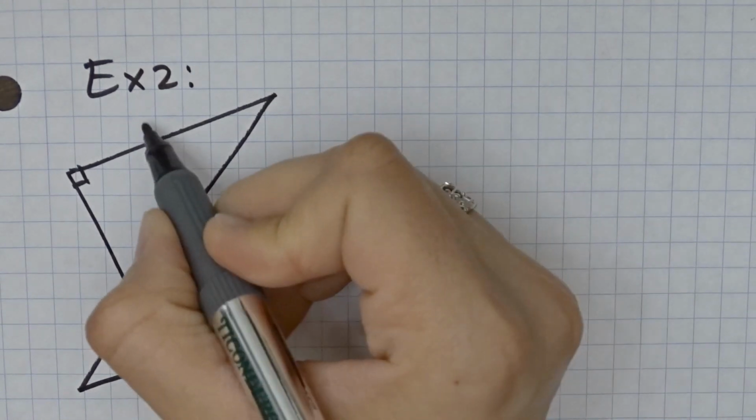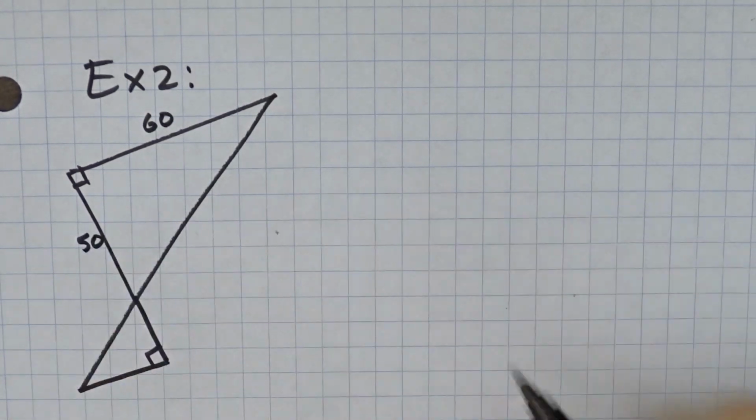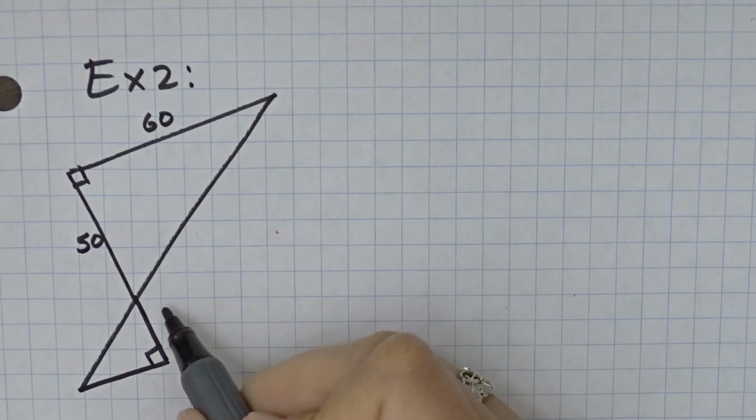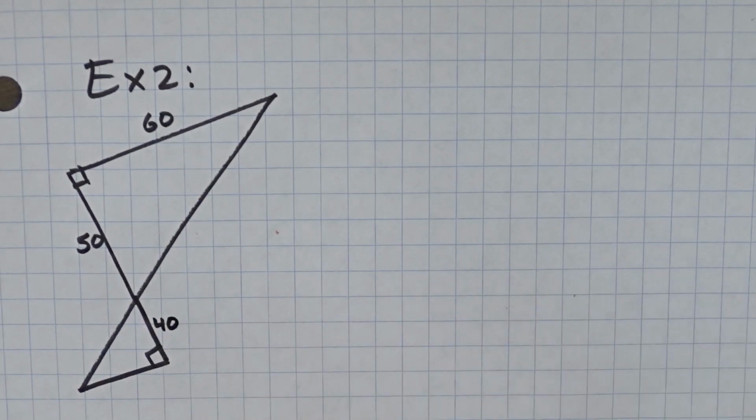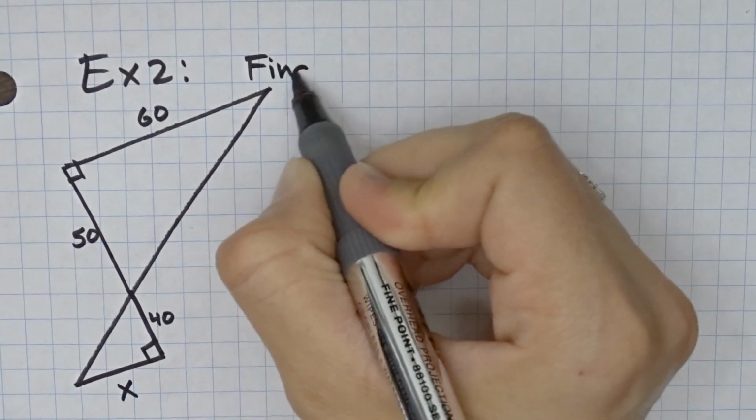And we were given this is 60. This side is 50. This side here is 40. And I want to know what x is. So the instructions will be to find x.